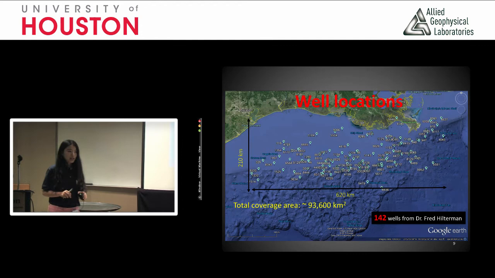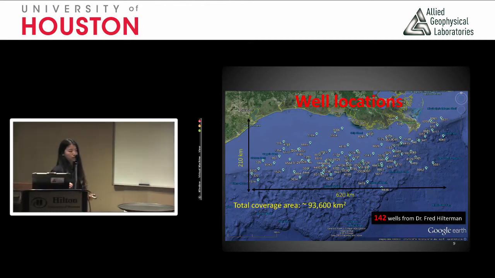Based on this data, we did a statistical study to generate the empirical relationship between the salt velocity and the depth, and also the density. We believe our results are representative, especially for the Gulf of Mexico area. Also, it will provide a more realistic velocity model for imaging compared to lab measurements.